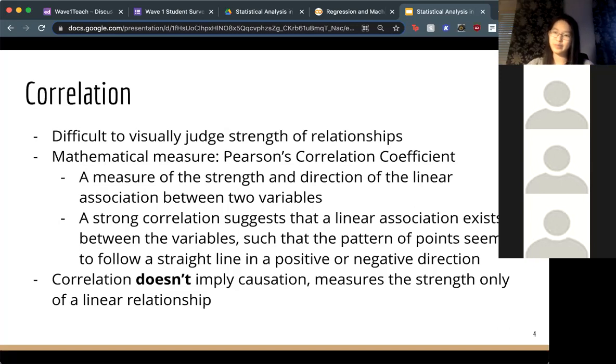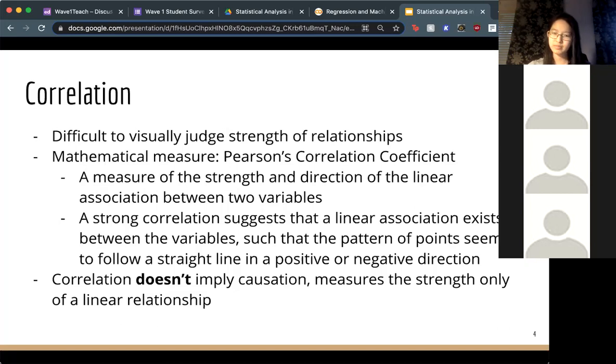So, how much is it really linearly associated? How much is there a correlation between these two variables? How much are they related? If you do have a pretty strong correlation between these variables, that suggests there is a linear association between them quantitatively. So you can really get that evidence.